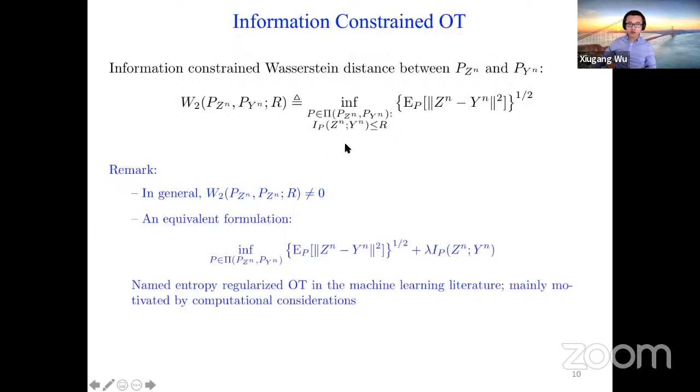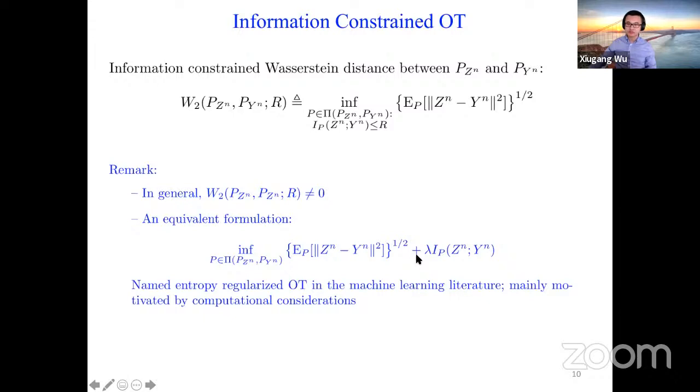Okay, and also, if you think of the coupling as your optimization variable, then the constraint is convex in terms of the coupling, and the expectation you can verify is linear. So in general, this is a convex optimization problem, and therefore you can equivalently write this constrained optimization problem as the unconstrained one.